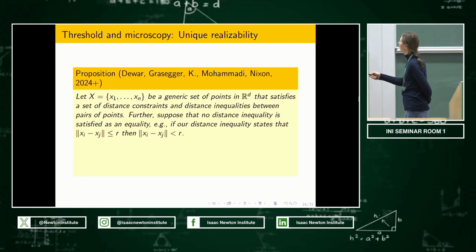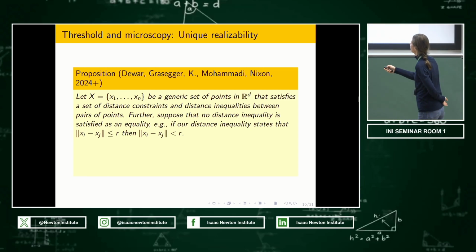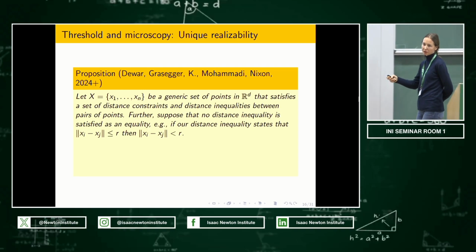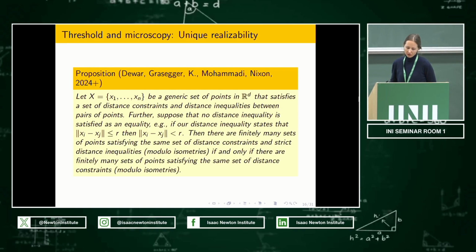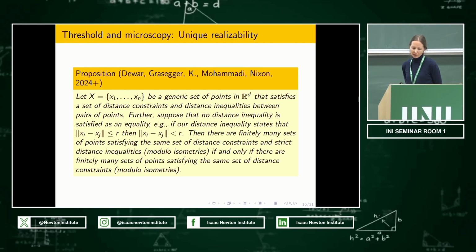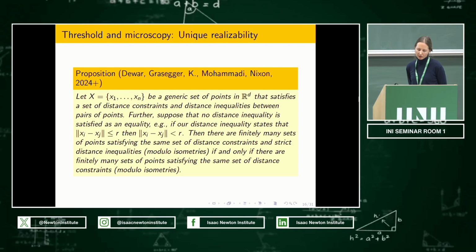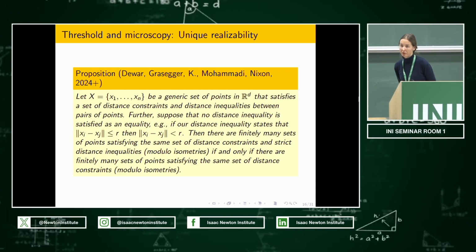So if our distance inequalities are of this form, then we require that these points satisfy them strictly. Then there are finitely many sets of points satisfying these distance constraints and strict distance inequalities if and only if there are finitely many sets of points satisfying these distance constraints.